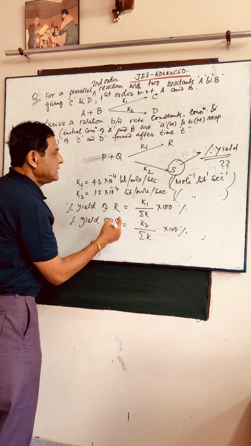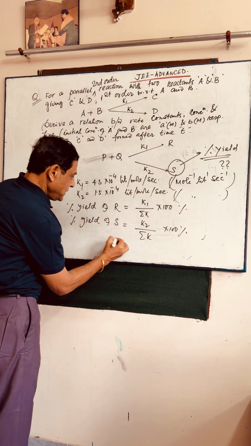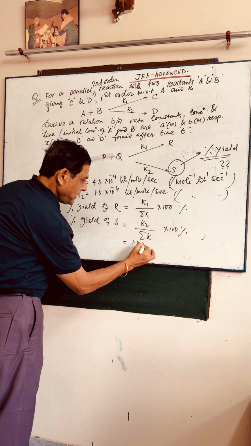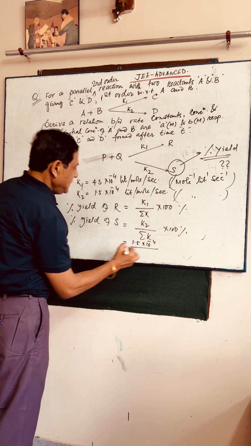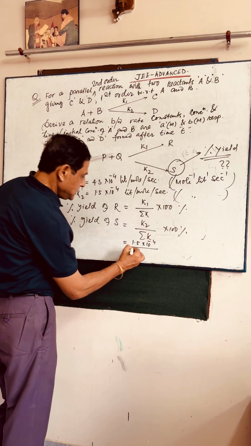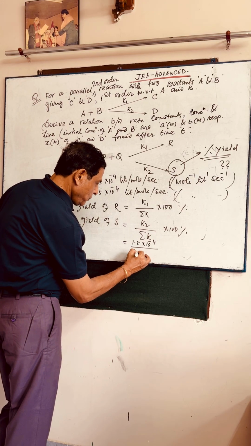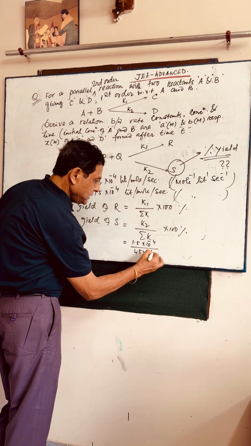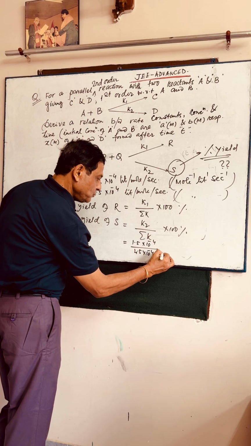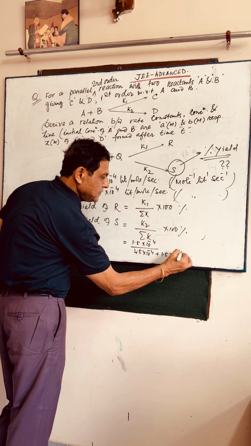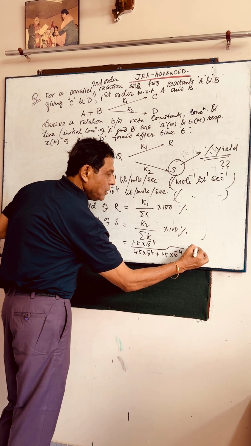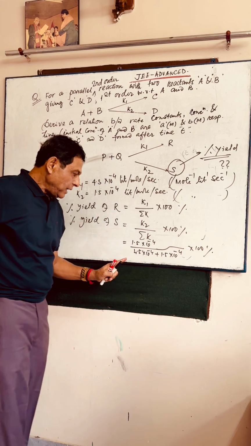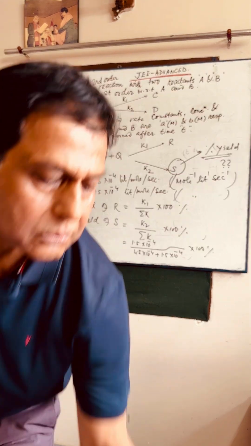K2 is given how much? K2 is given as 1.5 into 10 to the power minus 4, by the summation of this plus this. That is 4.5 into 10 to the power minus 4 plus 1.5 into 10 to the power minus 4, into 100.